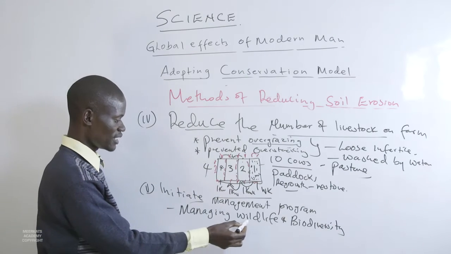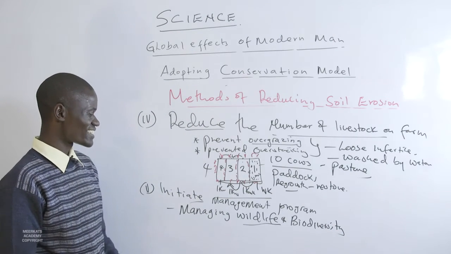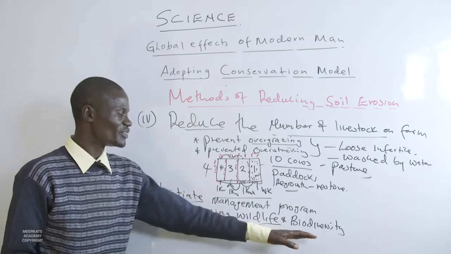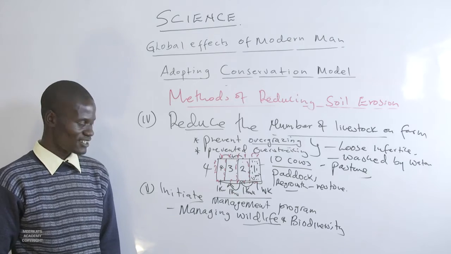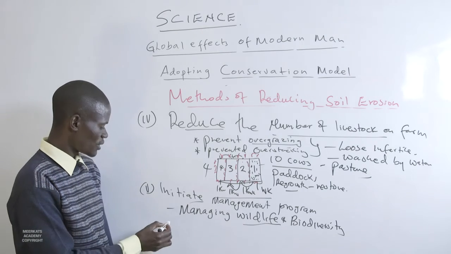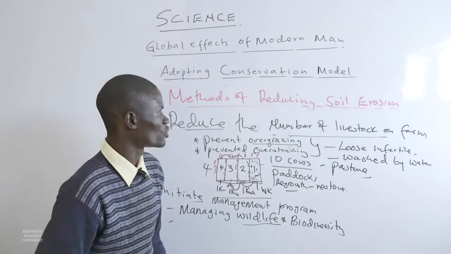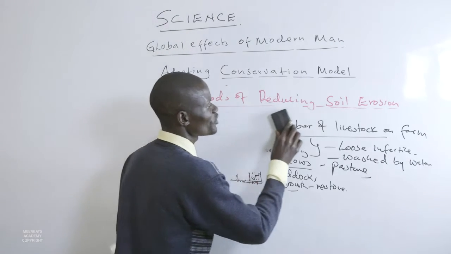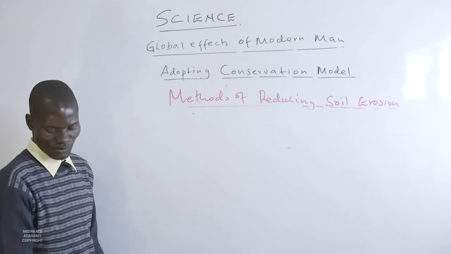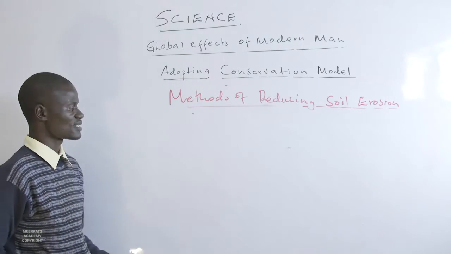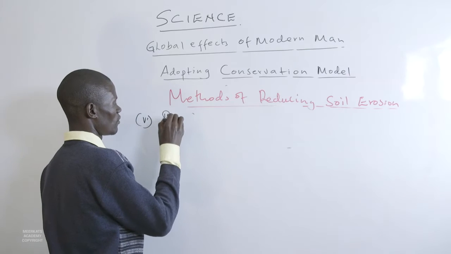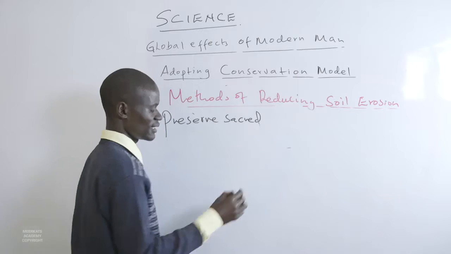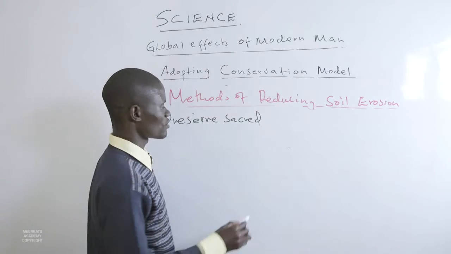When you manage some of the wildlife, such as monkeys, giraffes, elephants, at least kangaroos, you are managing what we call the biodiversity. And again, another way is on the natural setup of the land. We also have to preserve the sacred cultural sites.